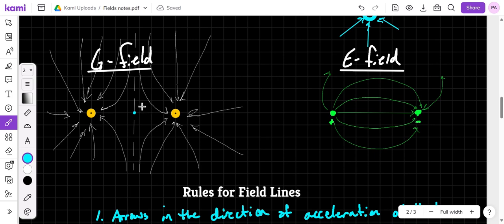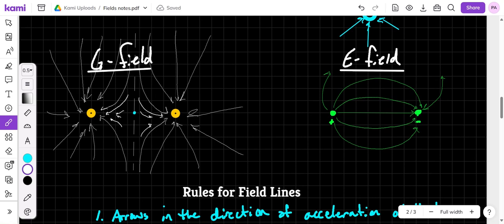And so in fact, we could even do another one that's like in here. Okay, so that's for gravitational field lines.